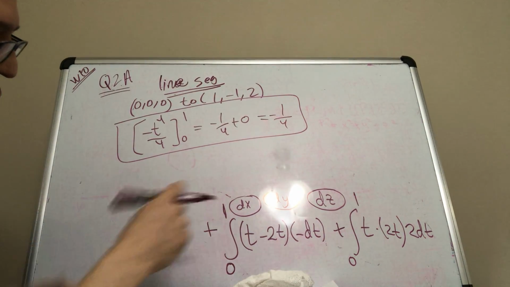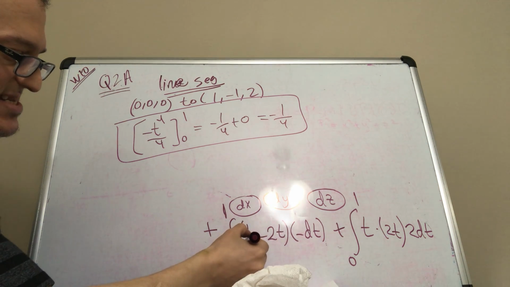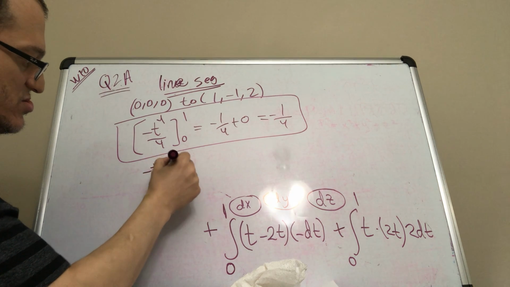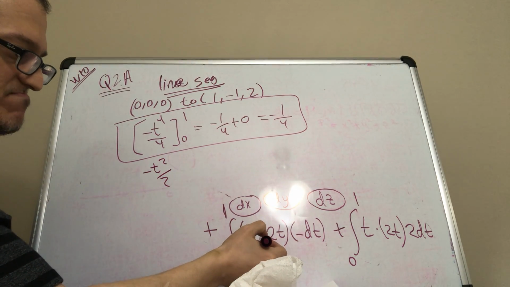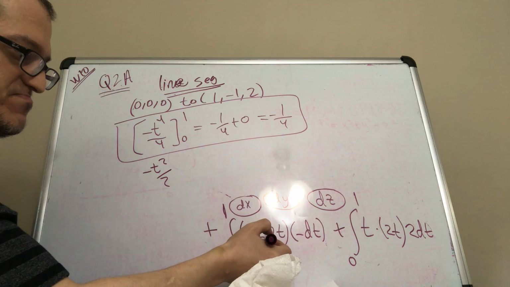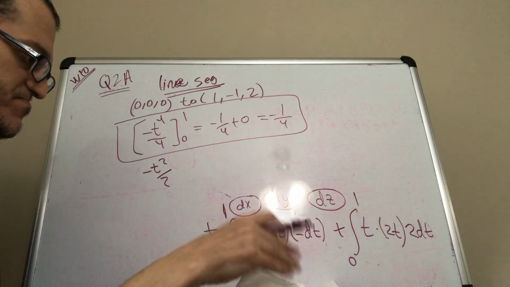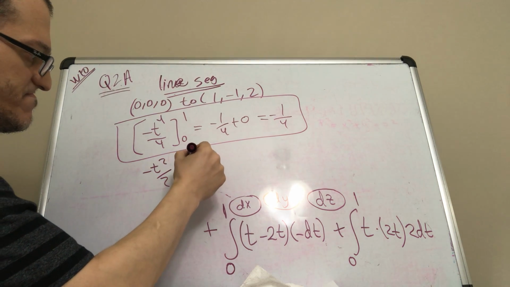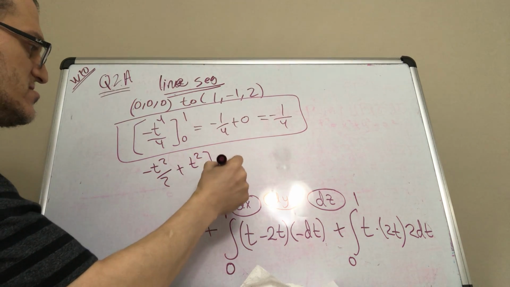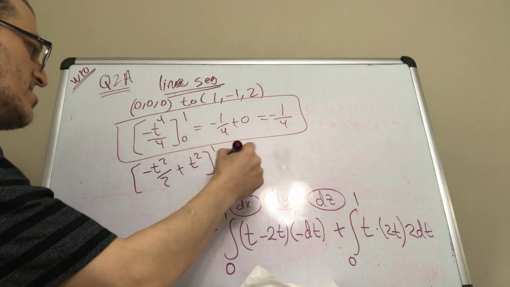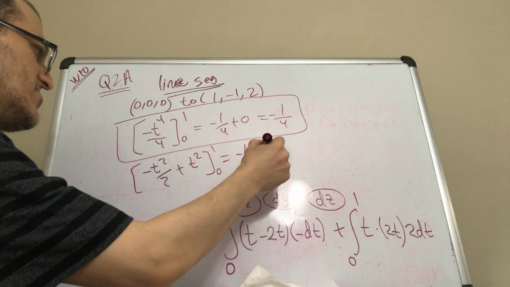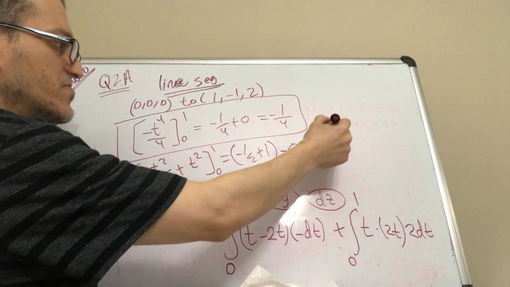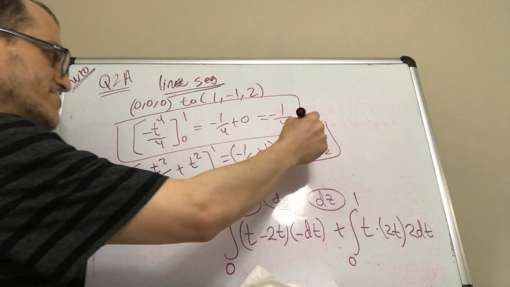For the second integral, you have minus t, so that would be minus t squared over 2, minus minus, plus 2t. So plus 2t would be t squared, from 0 to 1. Plug in the 1: minus half plus 1. Plug in the 0, 0. The answer is half. So the second answer is half.